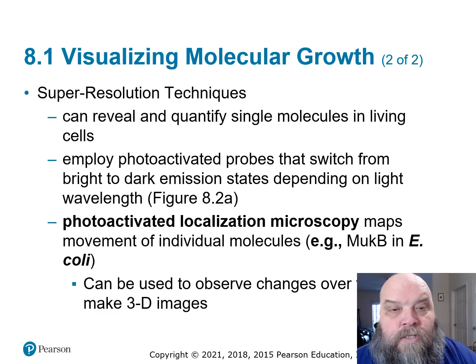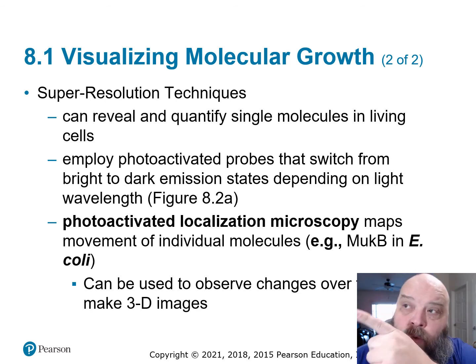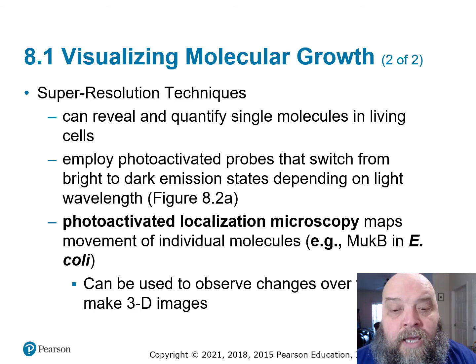With this super resolution, they can also tag certain proteins with molecules that glow colored. You flip a switch and instead of white light, like the LED light shining in my face, you get light that's in the UV spectrum.